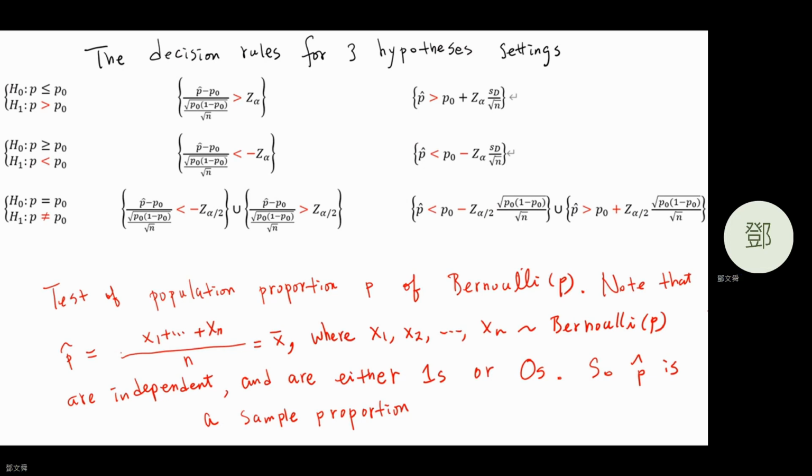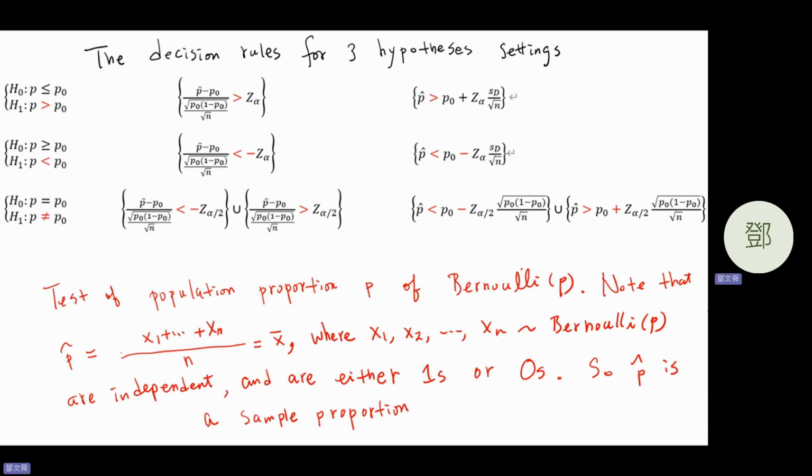And this decision rule is constructed under the assumption of H0. So what is H0? H0 assumes that the value of p is p0.